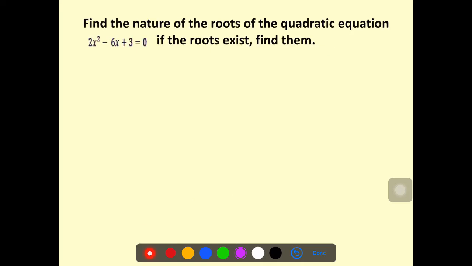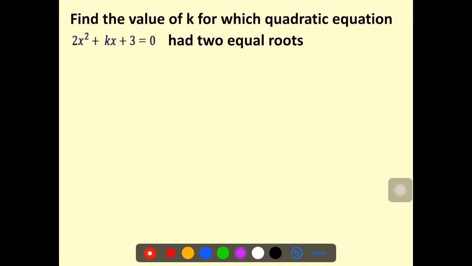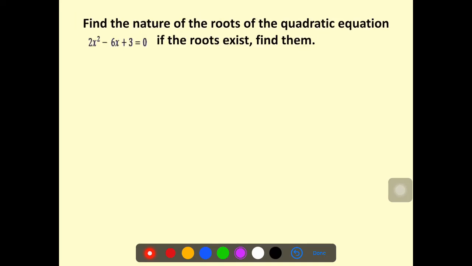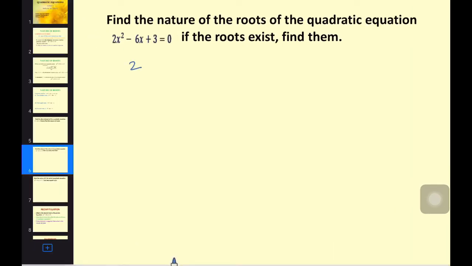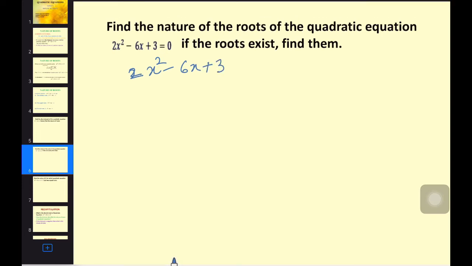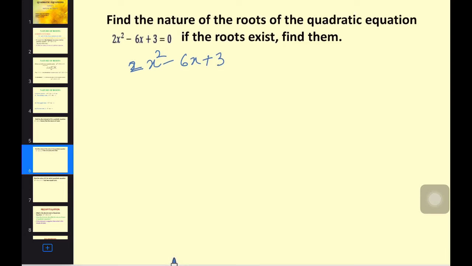Then next sum, find the nature of the roots of the quadratic equation 2x square minus 6x plus 3 equal to 0. If the roots exist, find them. First of all, we will find the nature of the roots. We compare with the general form ax square plus bx plus c equal to 0.